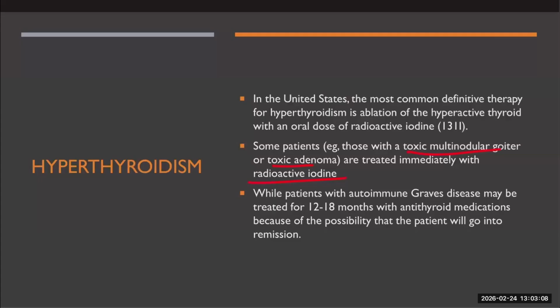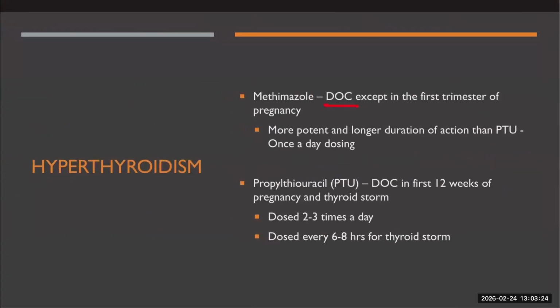Patients who have autoimmune Graves' disease can be treated for 12 to 18 months because sometimes they may go into remission. So instead of doing surgery so fast or irradiating it, you kind of just wait and see. Yes? I would just think of it as put them on PTU anyway.